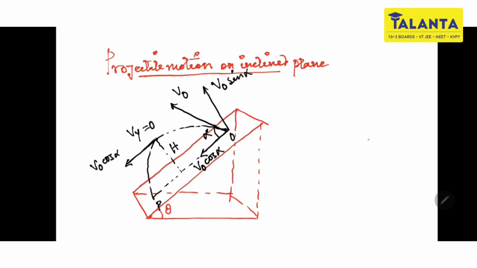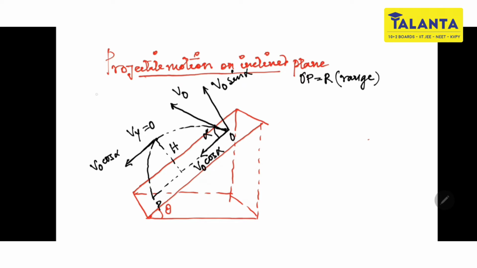Now this OP, that equals to R. R means range covered by the projectile or the maximum horizontal distance covered by the projectile, that is known as range.